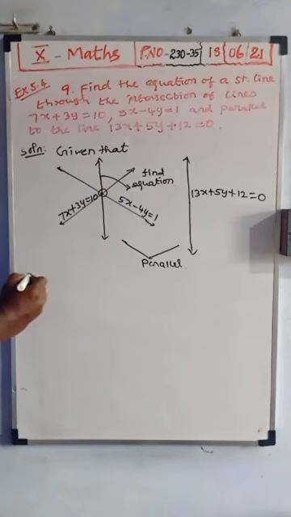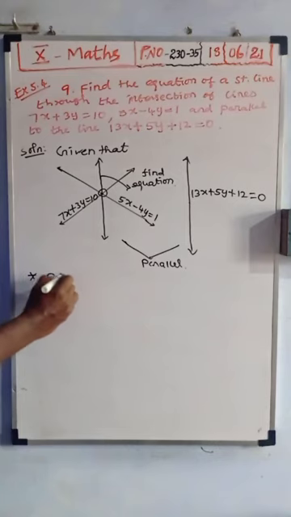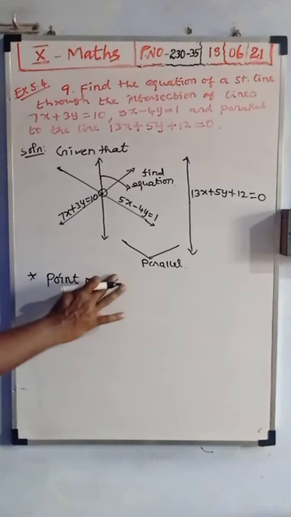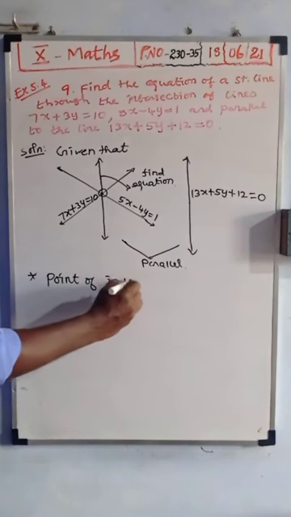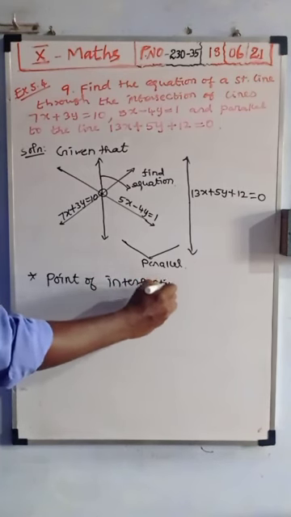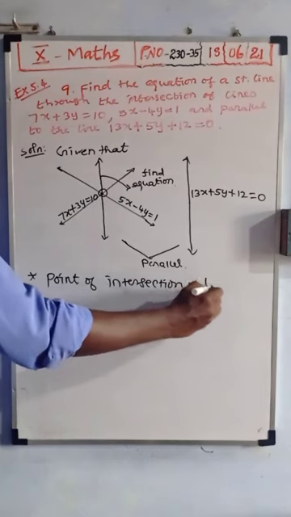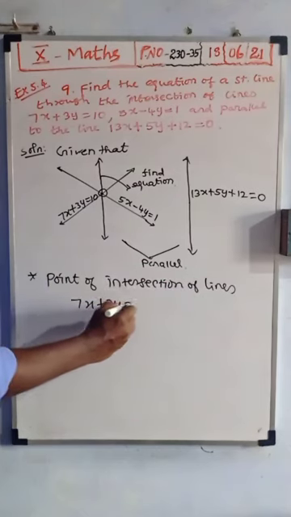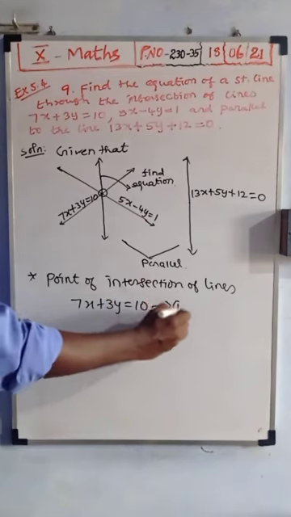Now see, first the point of intersection of the lines. 7x plus 3y is equal to 10, consider this as equation 1.